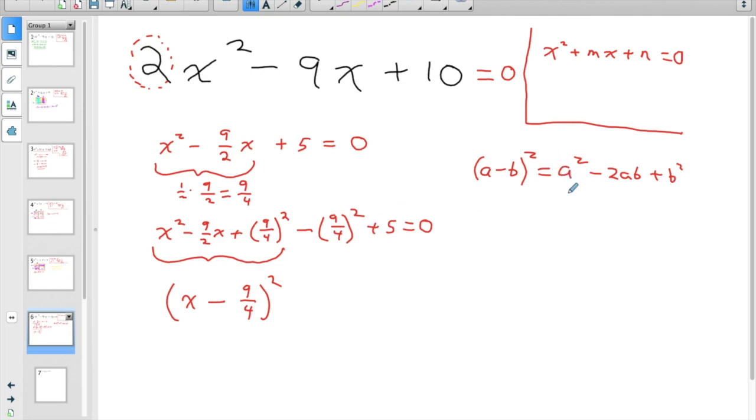In this case, if we have a equals x and b equals 9/4, clearly we have our a squared and our b squared, and in the middle, if we do negative 2 times our a times our b, we end up with negative 9/2 x, because the negative 2 and the 4 gives me a 2.